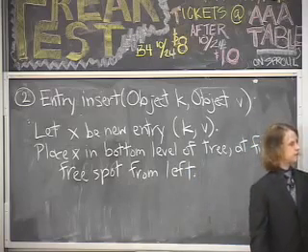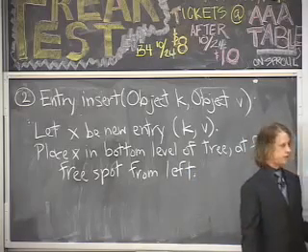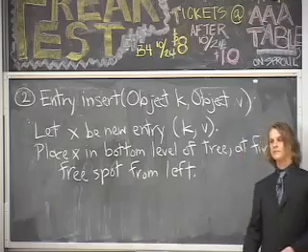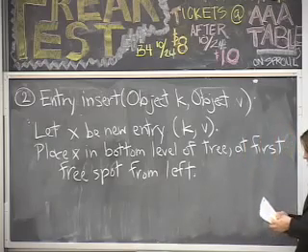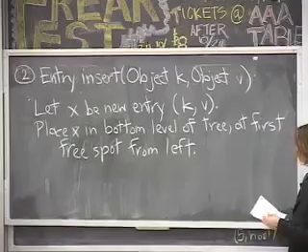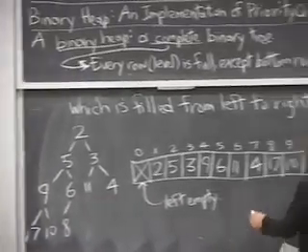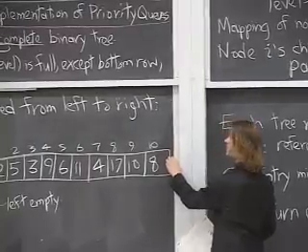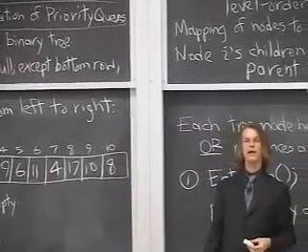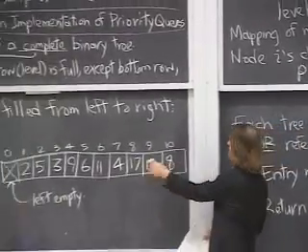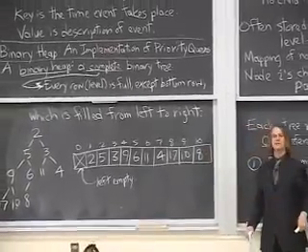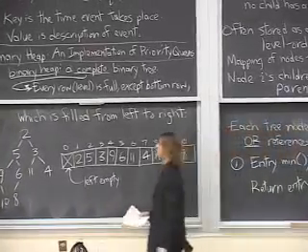And if the bottom level is all full up, then you start a new level and you put the new key at the far left. So one of the nice things about this is that you're always putting the new key at the first free entry of the array. So if I've got 10 items in my array, the new one will go at index 11, at least starting out.